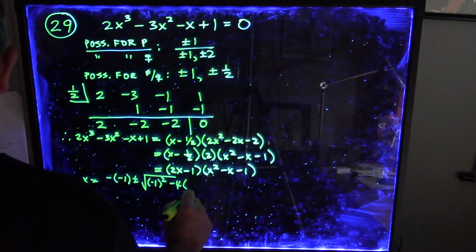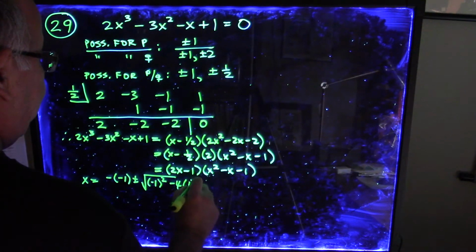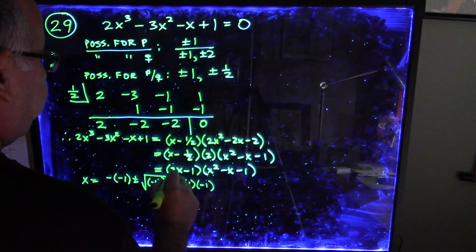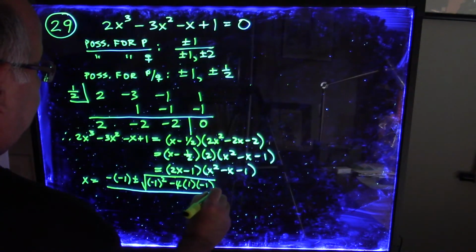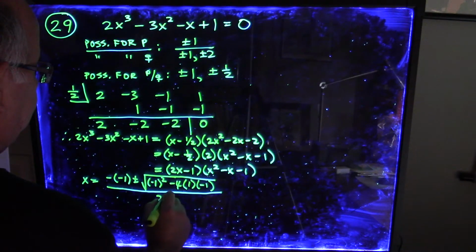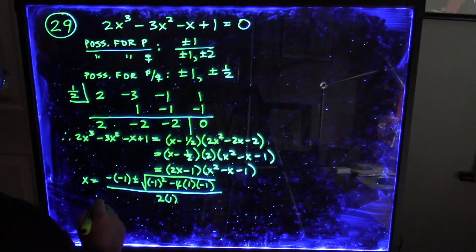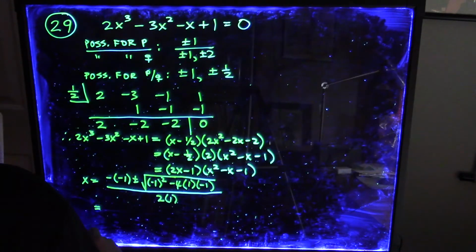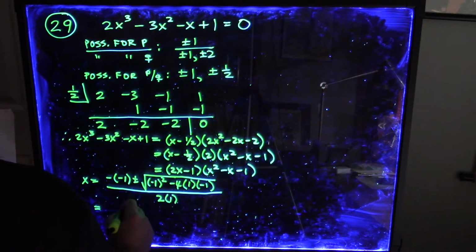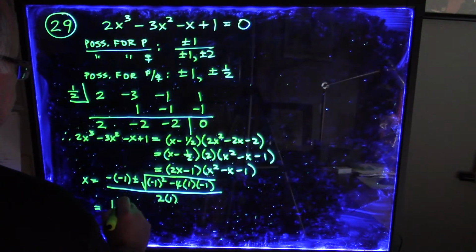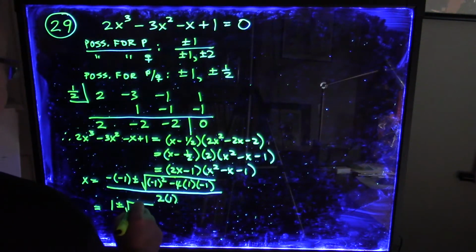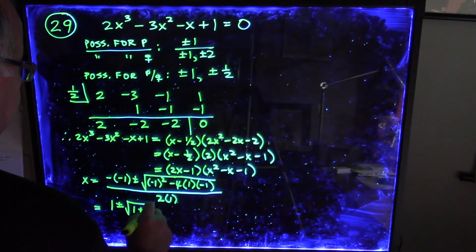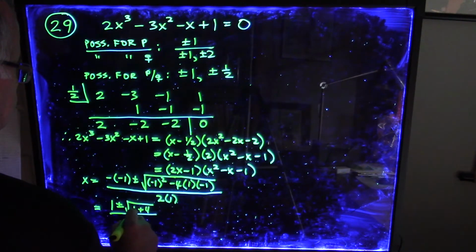That's 1 minus 4 times 1 times negative 1, all over 2a, or 2 times 1. So this gives you 1 plus or minus the square root of 1 plus 4, all over 2.